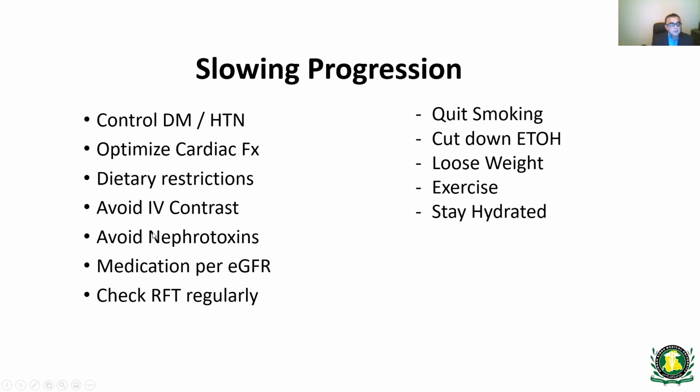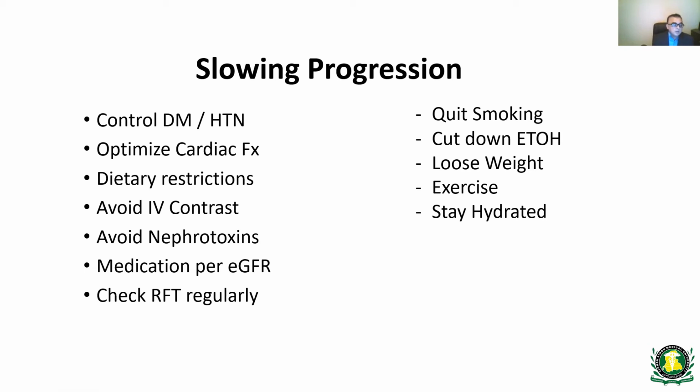Dietary restrictions, because the proteinuria usually is the most common important indicator of the kidney disease and GFR decline. So decrease protein intake and low phosphorus, low potassium diet, strict low sodium diet.